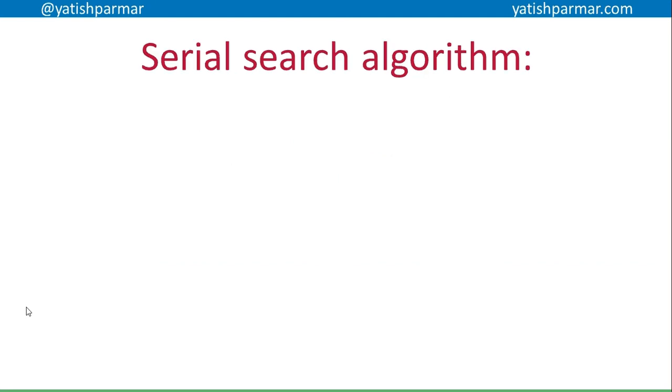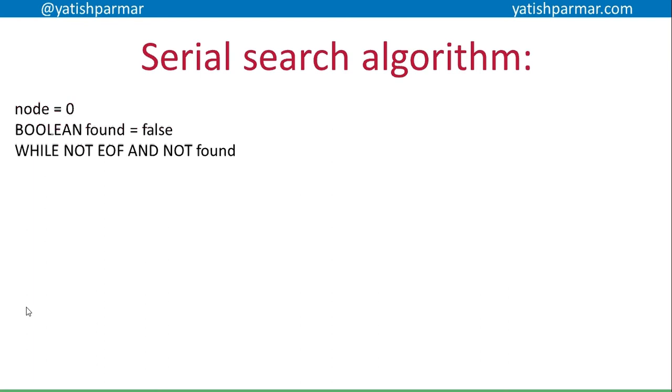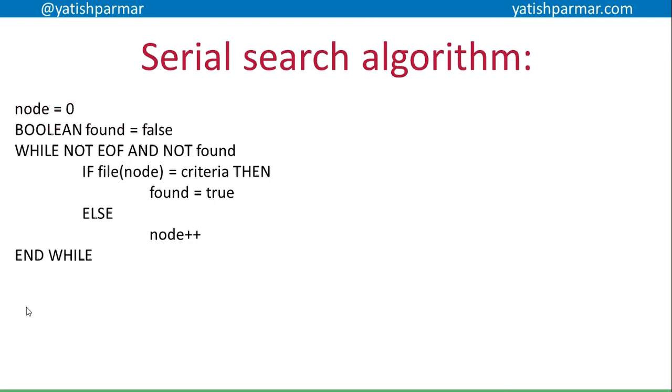The algorithm for a serial search looks something like this. I'm going to make my current node 0 and my boolean found false. This is my flag. While I'm not at the end of file and not found, I check if the node at the moment in file is equal to my criteria, then found equals true, else I do node plus plus, and that's the end of my while loop.